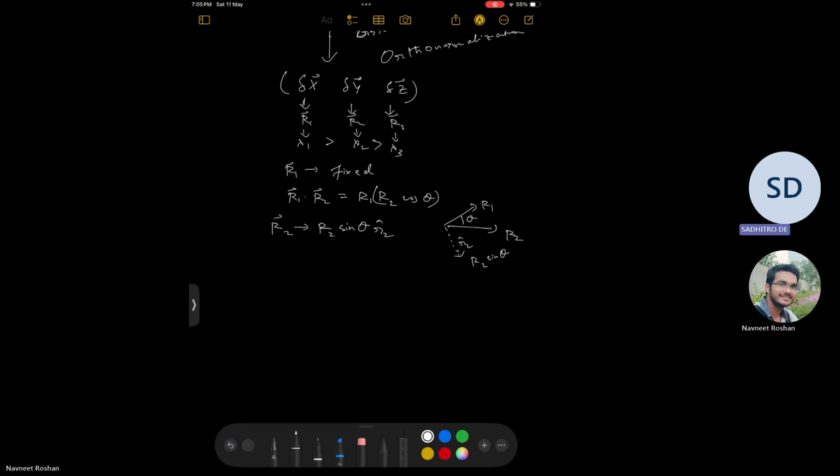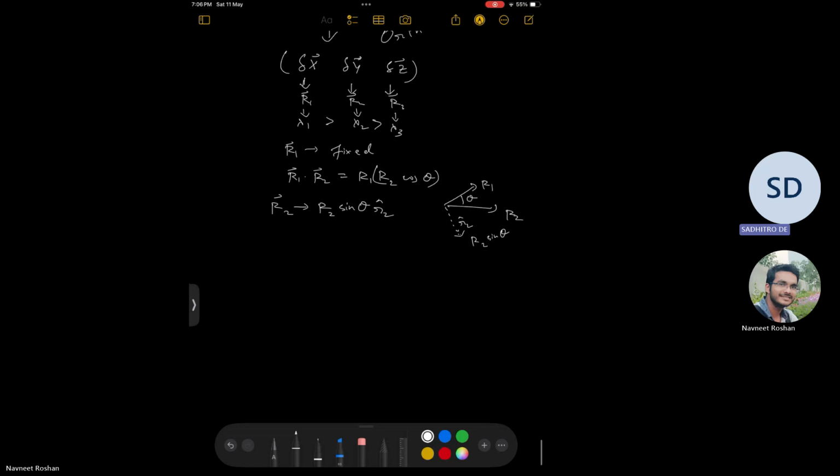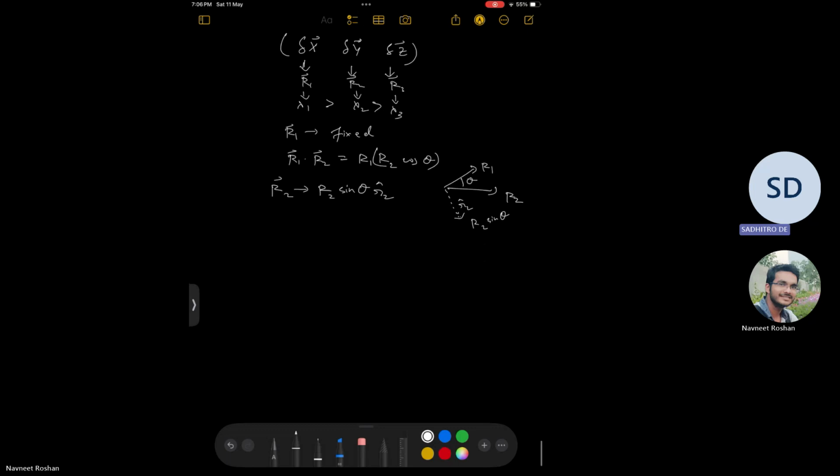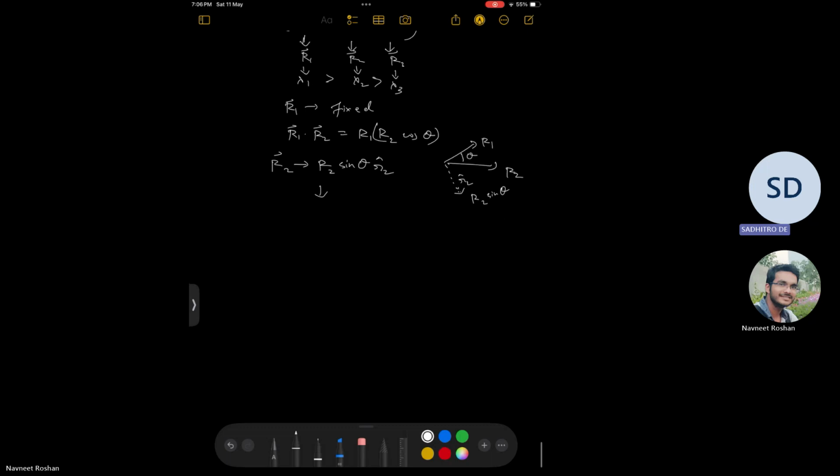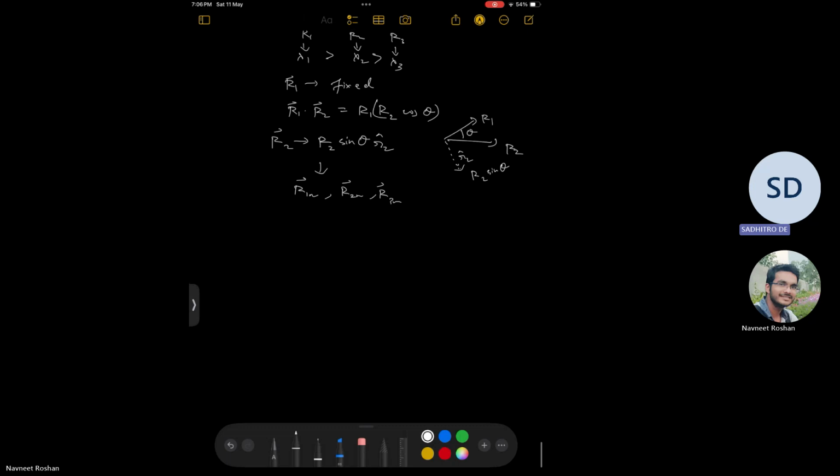And similarly for R3, we orthonormalize that vector with respect to both R1 and R2. And then we get the new vectors R1, R2, and R3. So we call the new vectors, say, R1 new, R2 new, and R3 new. So these are the new vectors which we get after orthonormalization. And this one is nothing but the same as the earlier one, R1.